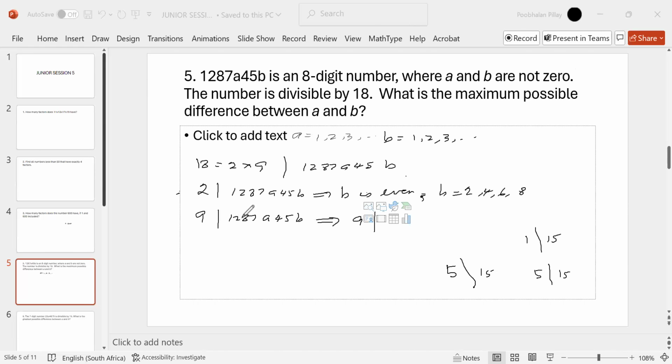So you've got 1, 2, 8, 7. You add up all these, 18, so it's 27 plus A plus B. 9 is a factor of 27 plus A plus B, but 27 is already a multiple of 9, so you can say 9 is a factor of A plus B.